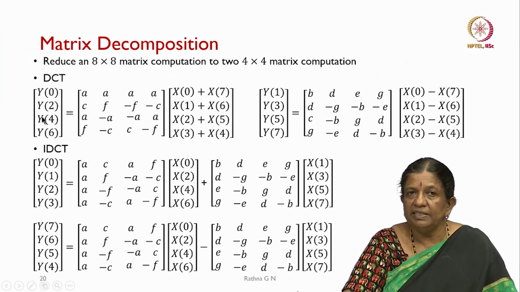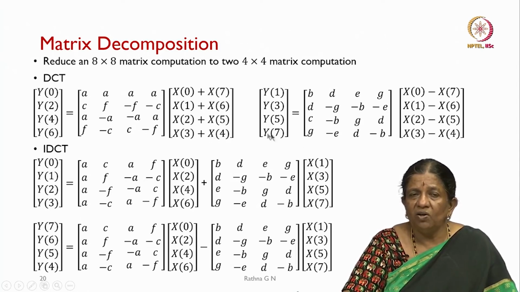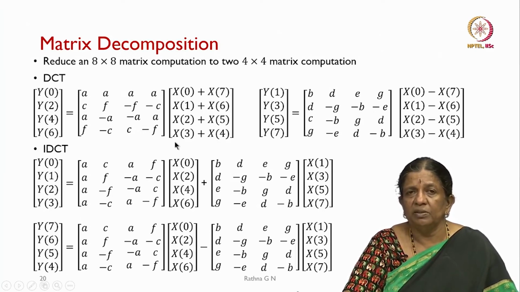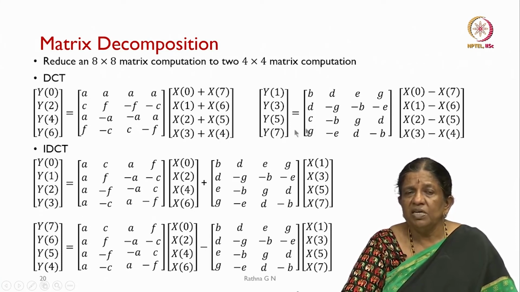So, this is our DCT even coefficients, which we are going to combine with the ACF coefficients. That is for the even, and you will be adding x0 plus x7, x1 plus x6, x2 plus x5 and then x3 plus x4. And these are the odd coefficients at the bottom. So, you can put them in the bottom as y1, y3, y5 and then y7. They need BDEG coefficients to compute, and the input to this will be x0 minus x7, x1 minus x6, and so on.